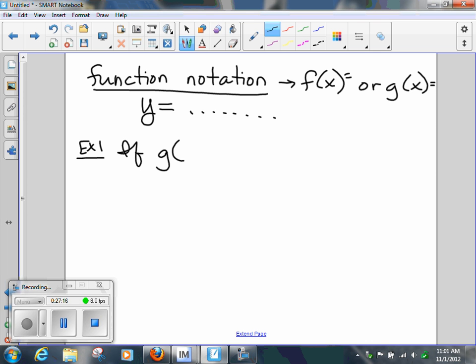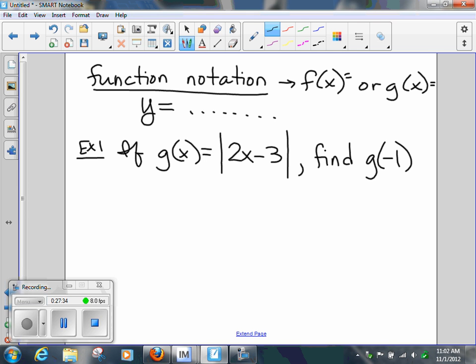If g of x equals the absolute value of 2x minus 3, I want you to find g of negative 1.